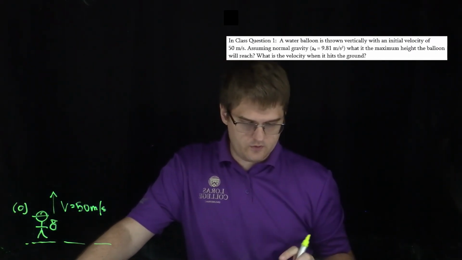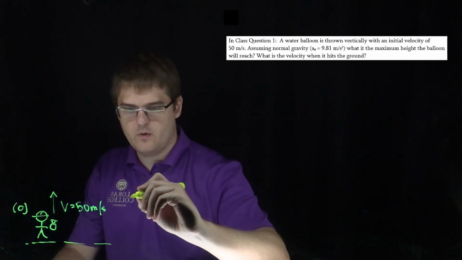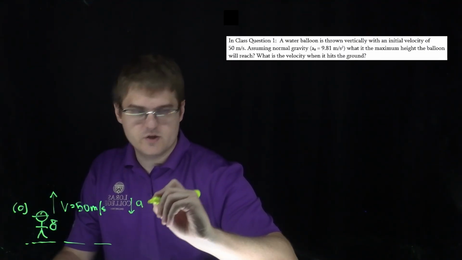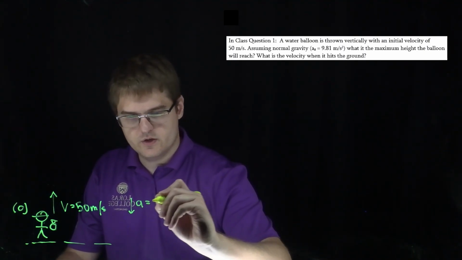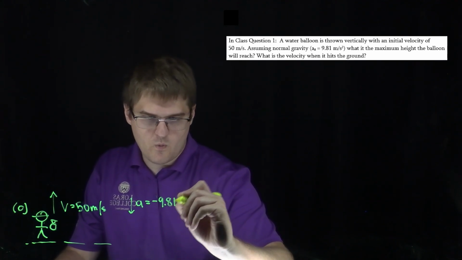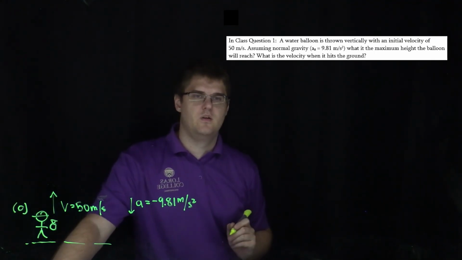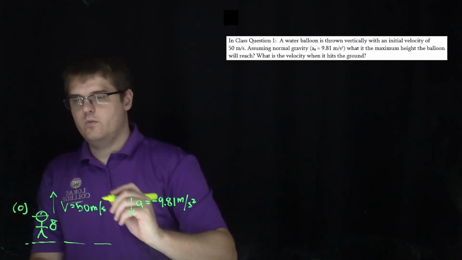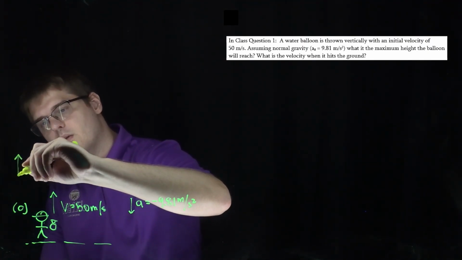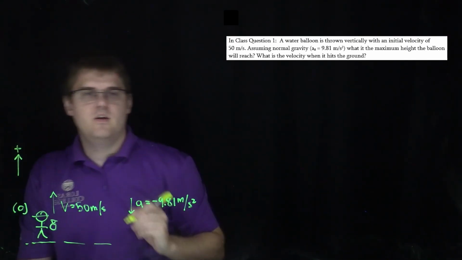And then we're saying assuming normal gravity, so I'll put it over here. We're saying that our acceleration is our gravitational acceleration, which is negative 9.81 meters per second squared. The reason I'm putting a negative is that for this entire problem, if anything is moving upwards, it is positive.